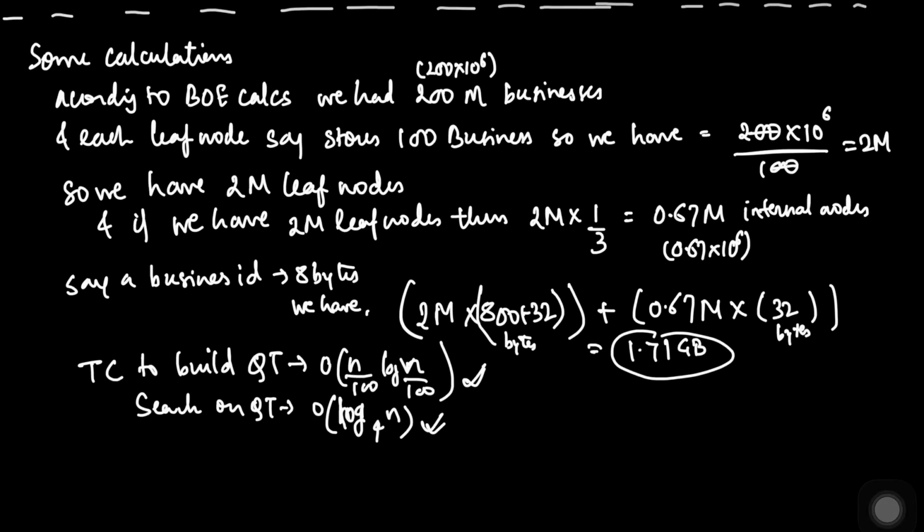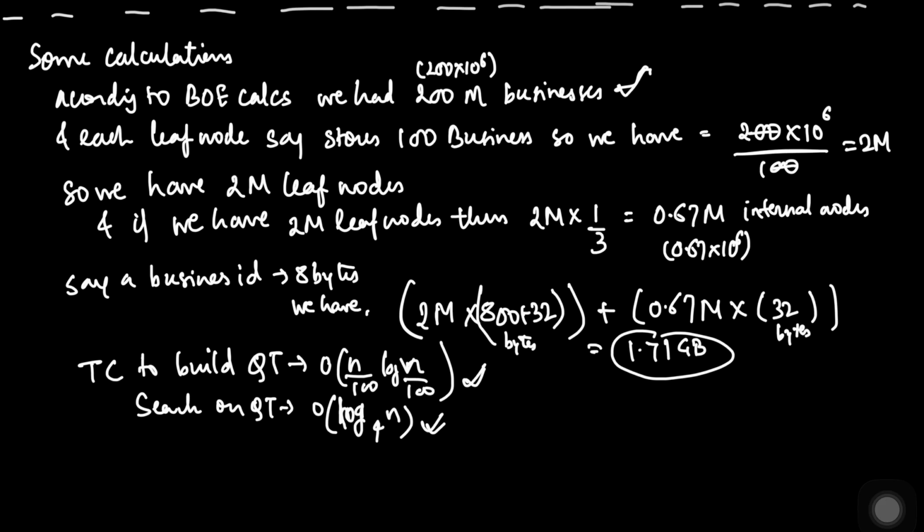So let's also discuss some calculations related to quadtrees. According to our back of the envelope calculations, we said that we'll be having 200 million businesses, right? As I also told you, our criteria would be 100 businesses in a leaf node.